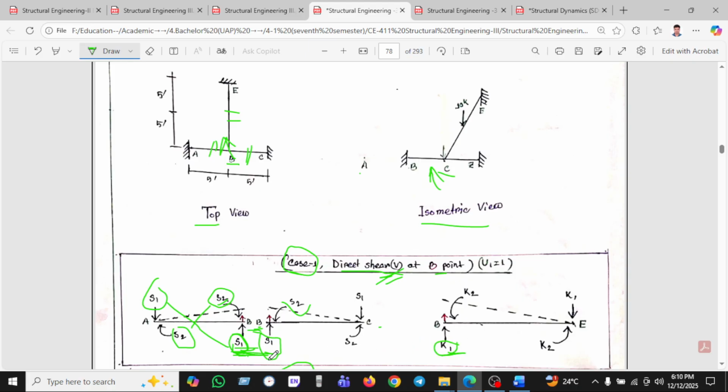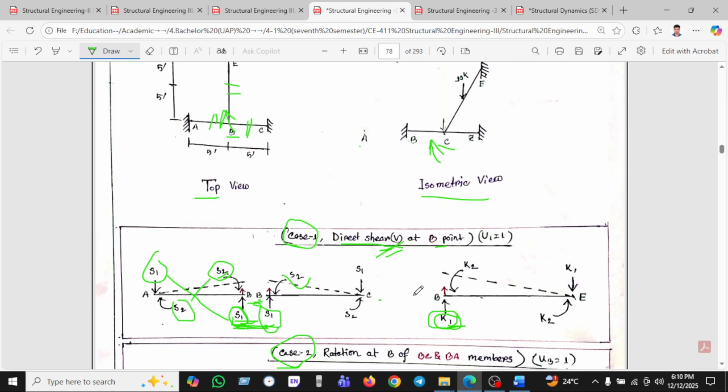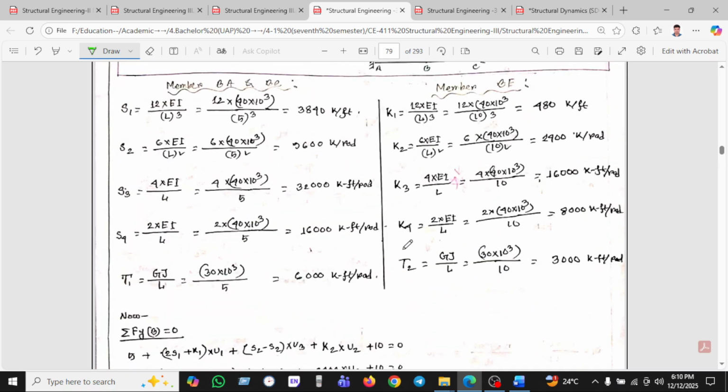Why K1, why not S1? We are just giving it the name K1. The formula is the same: K1 is 12 EI by H cube. So S1 and K1 are the same, S2 and K2 are the same, and so are S3 and S4.